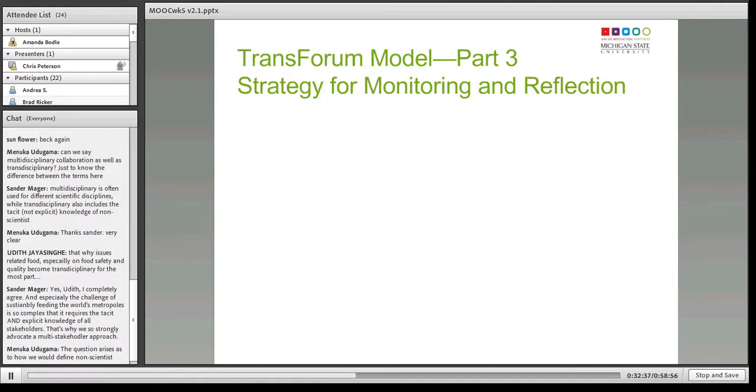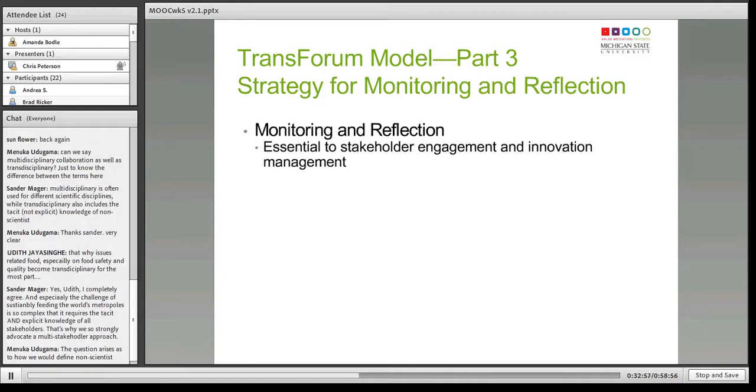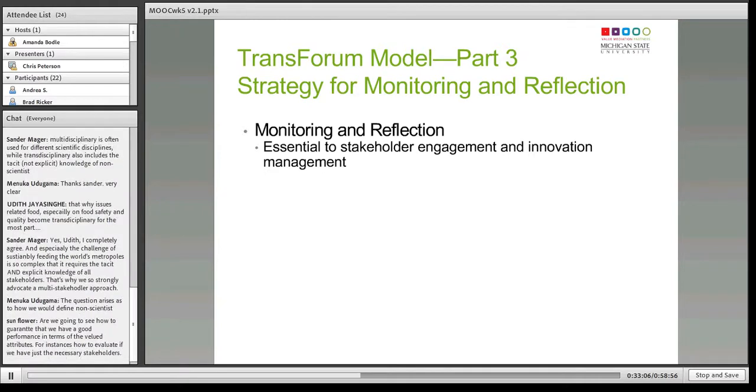Well, it turns out that there was a real strategy that emerged from the transform work for doing monitoring and reflection within the projects. Because it turns out that this was absolutely essential to both stakeholder engagement and to innovation management. That if you didn't monitor and reflect what was happening within the projects in a very careful and conscious way, it wouldn't really have happened.